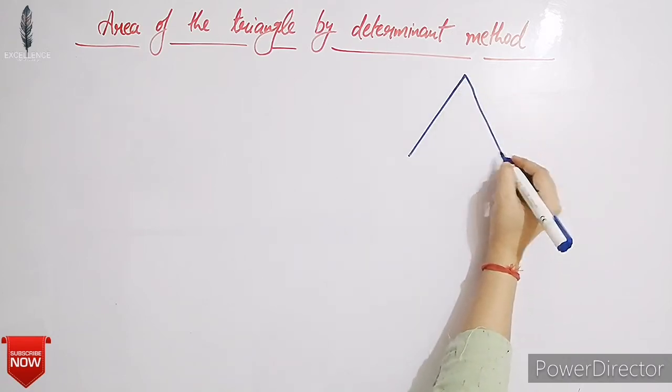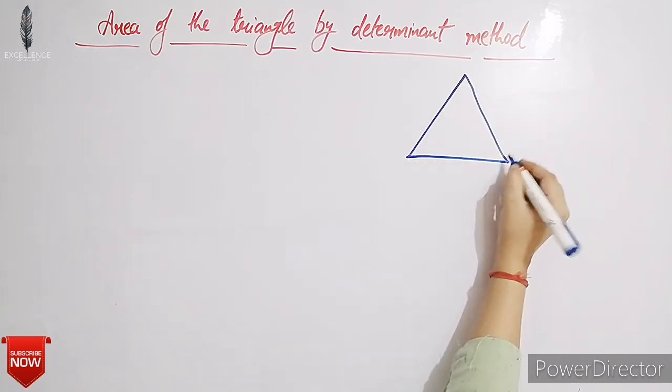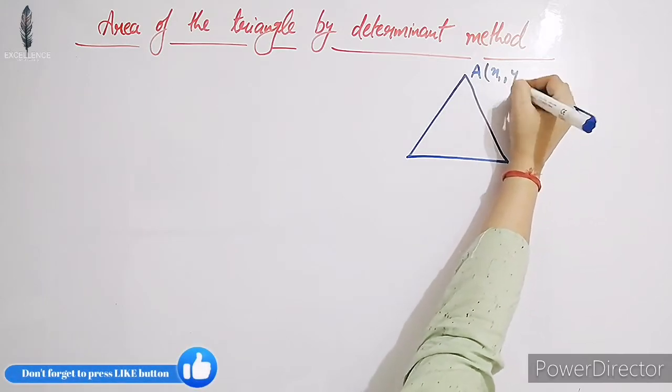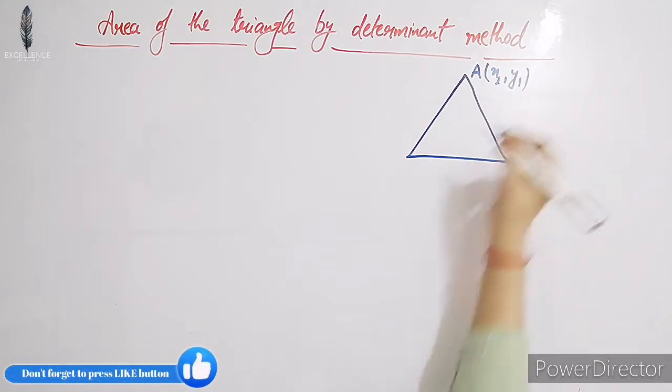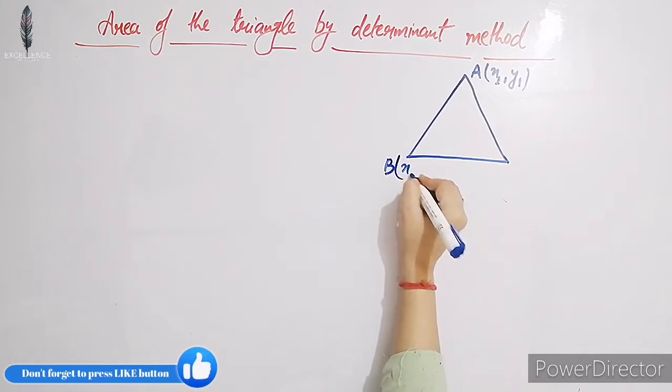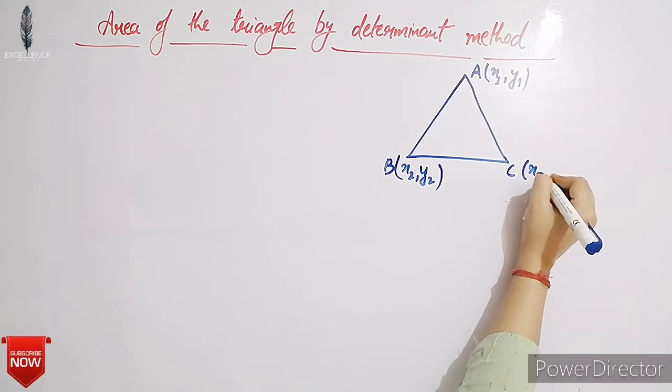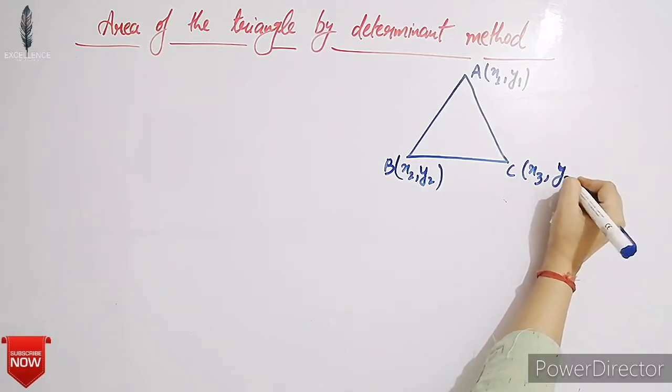Let we have a triangle ABC with vertices A (x1, y1), B (x2, y2) and C (x3, y3).